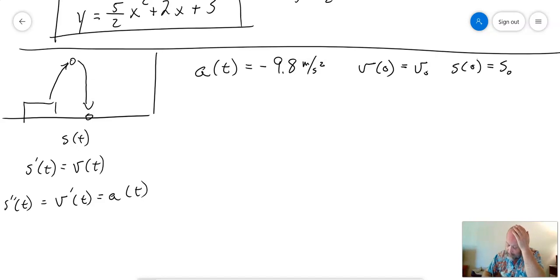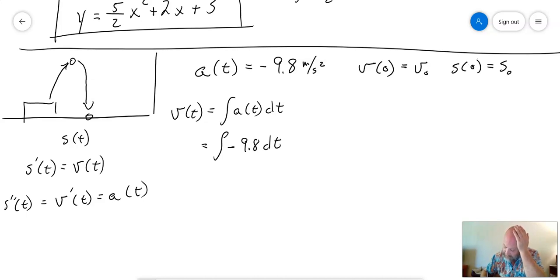So if I want the velocity, the velocity is the integral of acceleration. And so this means that this thing is the integral of negative 9.8 dt, which is negative 9.8 t plus some constant. I don't know what the constant is yet. Okay, so that's my velocity.